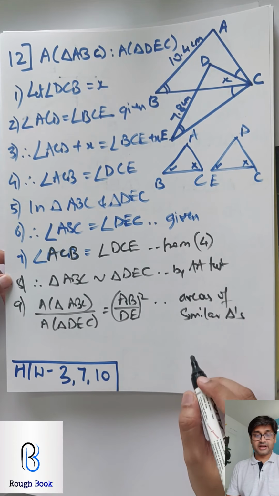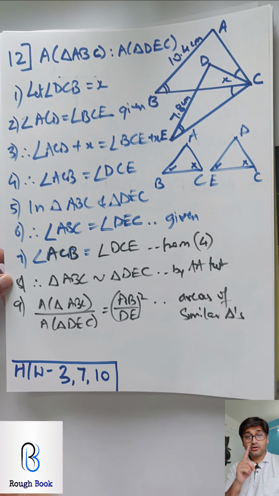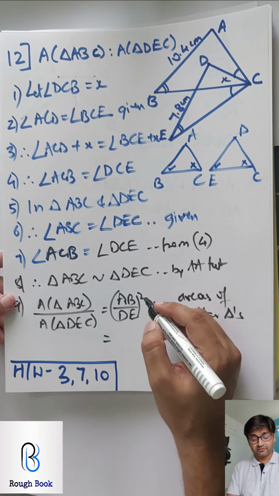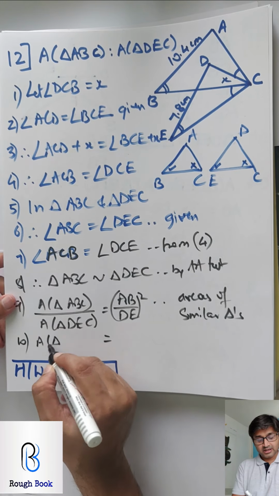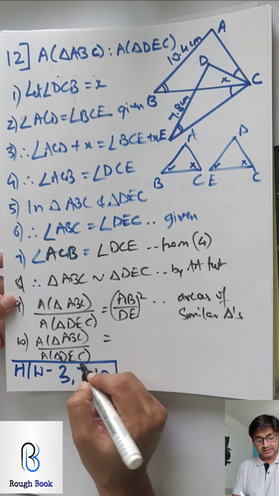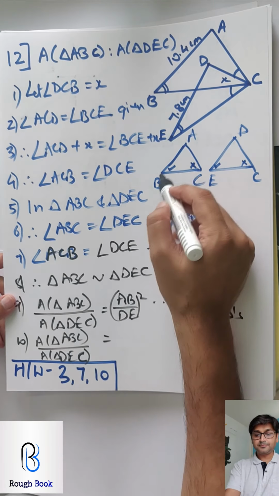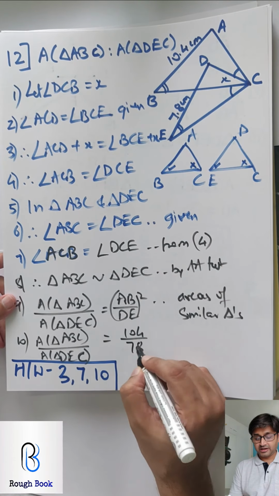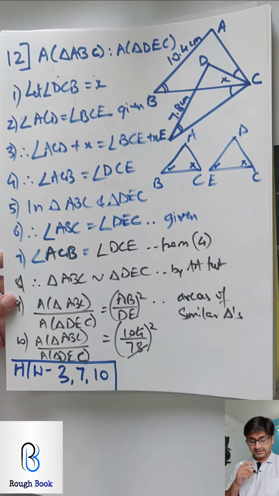When we go in board correction, if these reasons are not there, we're supposed to deduct 1 mark. So please write all the reasons, don't forget. So step 10, area of triangle ABC upon area of triangle DEC equals AB 10.4, writing 104, and 78, the whole squared. Cancel.